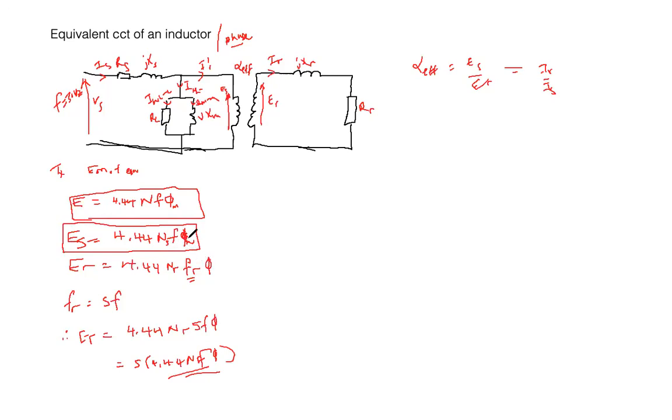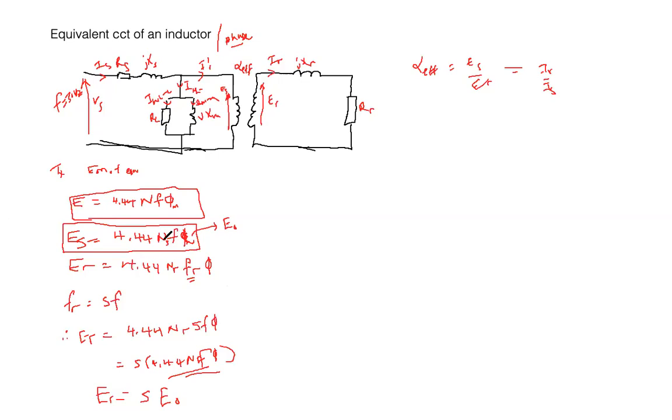All right, so it's fine. I want to call this E naught in this case. You'll know why just now. So if I say that, I'm going to have S times E naught is ER.